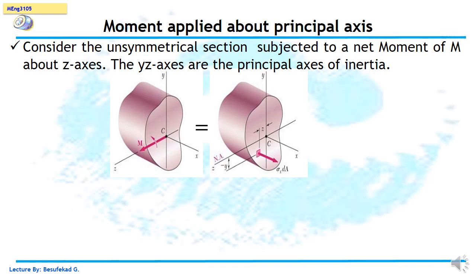Sigma x dA. Now in terms of sigma, I can substitute. By the way, this is a stress along the x direction, so I can put sigma x. Don't forget. So in terms of sigma x, I will have sigma max y over c, then I will have y multiplied by z, then dA. And this whole thing should be equivalent to how much? 0.